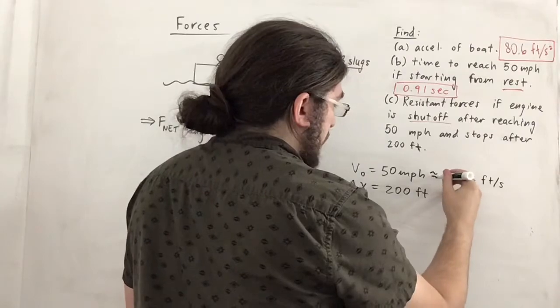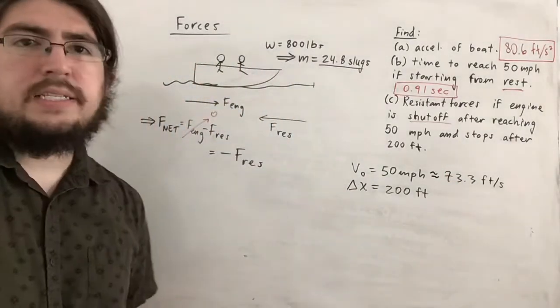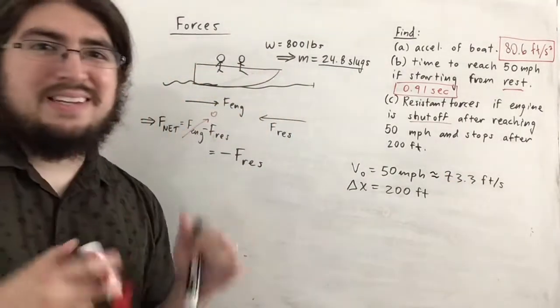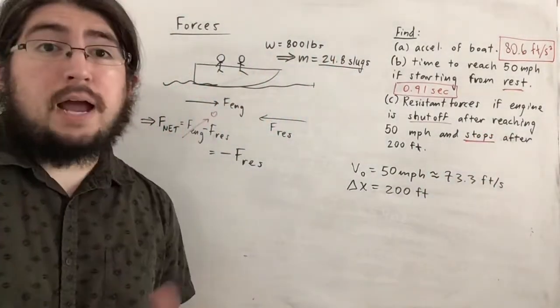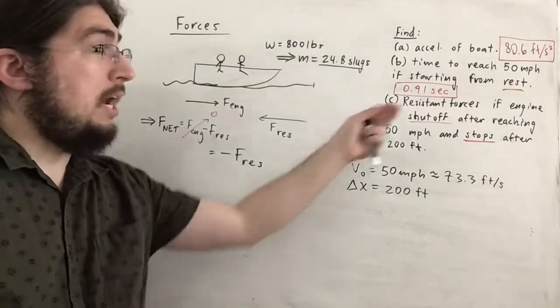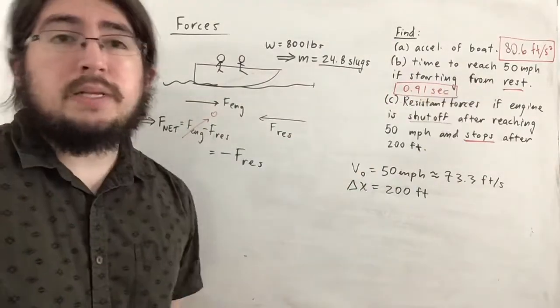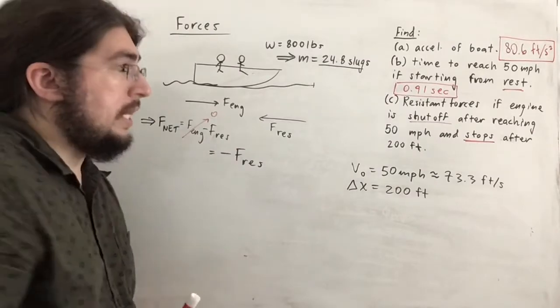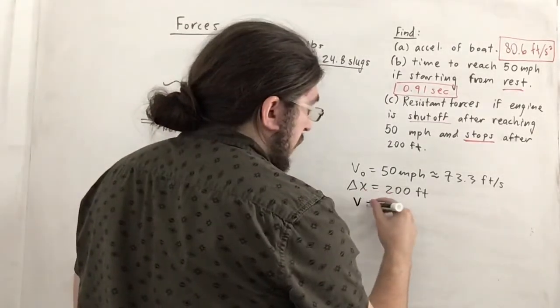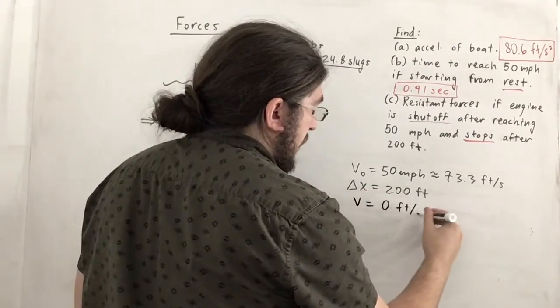That's the initial velocity. Do we have final velocity? We do. Why do we? Well, because it says it stops after that. So that means we have no velocity if we've stopped. Kind of like how starting from rest means you have an initial velocity of 0. When you stop, similarly, you have a final velocity of 0. And that's in feet per second.